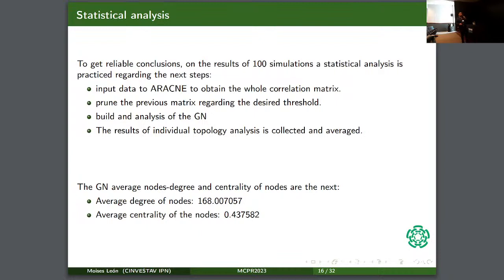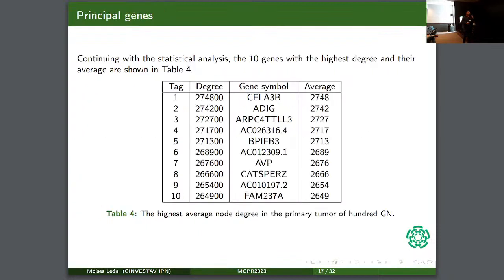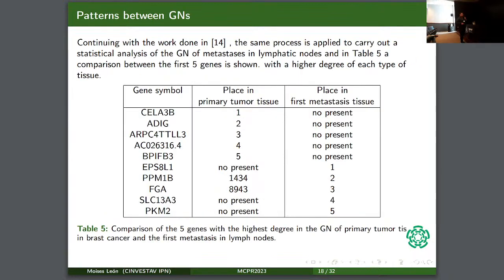And the average changes compared with the results of a single genetic network topology. These are the genes that we obtain. This is the total degree over the 100 simulations, and this is the average of this degree. As we can see, some of the genes that have more mutual information also have a large number of connections in the genetic network.